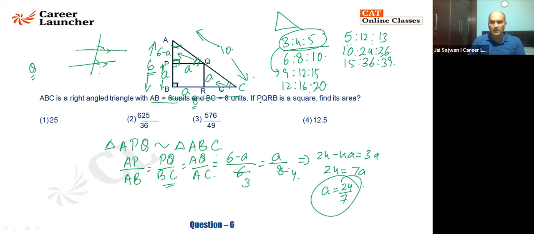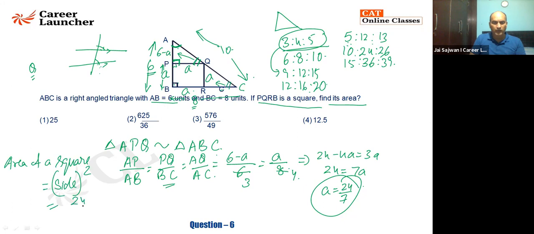Now it is asked to find the area of PQRB. We all know the area of a square is equal to the square of its side. So how much is the side? It is 24 by 7. If you square it, it comes out to be 576 upon 49 as your answer.